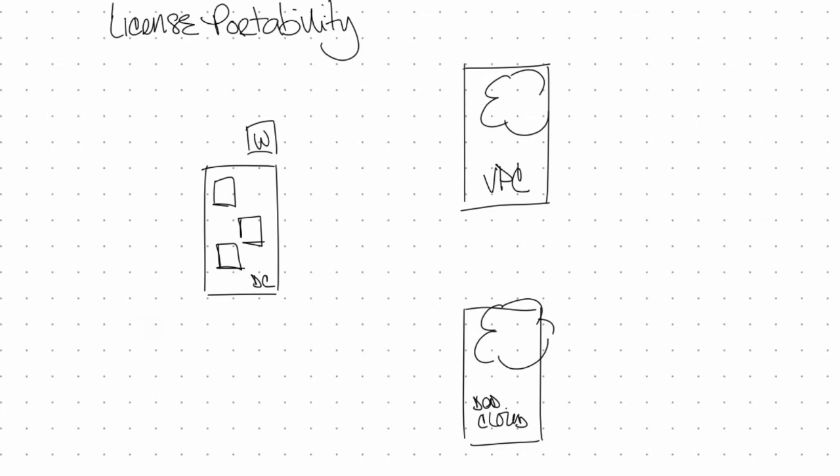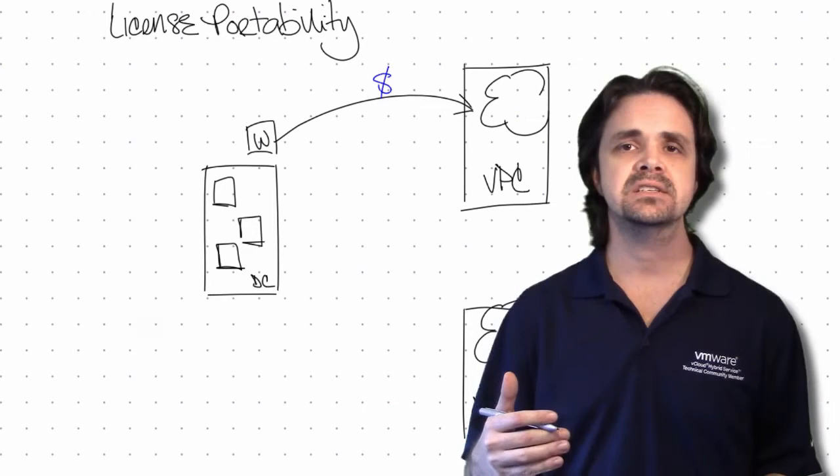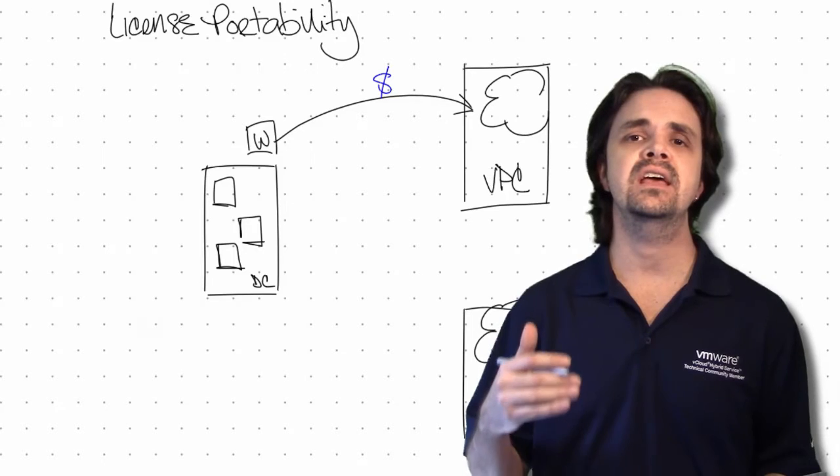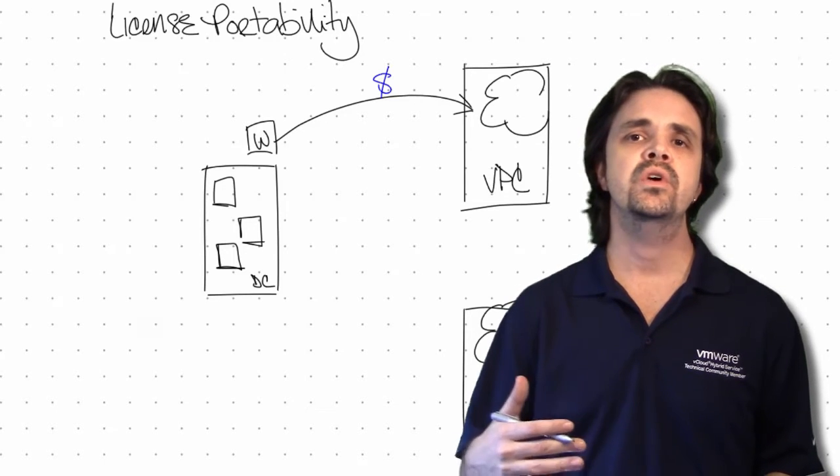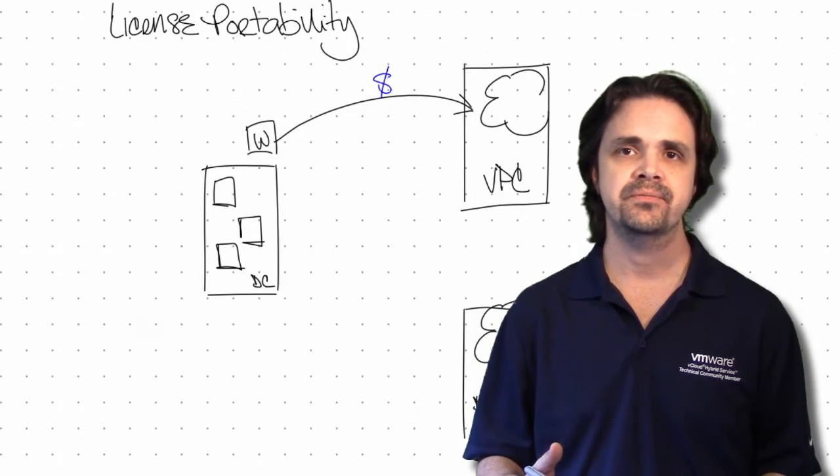Out here inside the data center, we've got a Windows virtual machine. We decide that we want to port that machine out into our virtual private cloud instance. We need to understand that when that happens, there is going to be a cost incurred, because we're now going to have to use a Windows operating system license in order to maintain adherence with Microsoft licensing agreements.